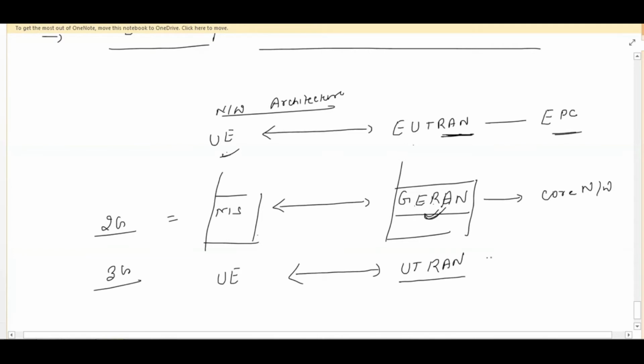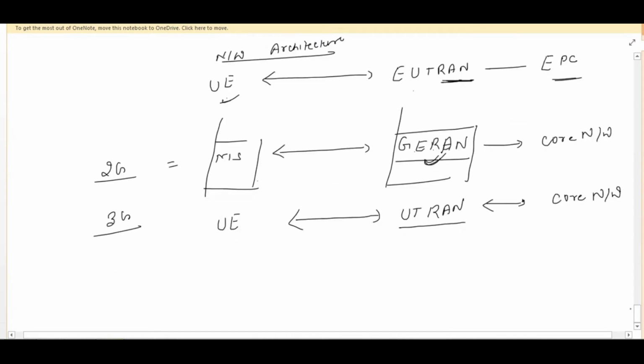The core network is luckily the same; the 2G and 2.5G, GSM and GPRS, core network was upgraded to support the service in 3G. So there was not much development in the core network from 2G to 3G. But the 4G network is completely redesigned.